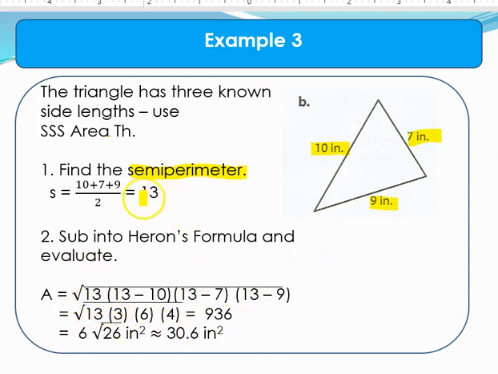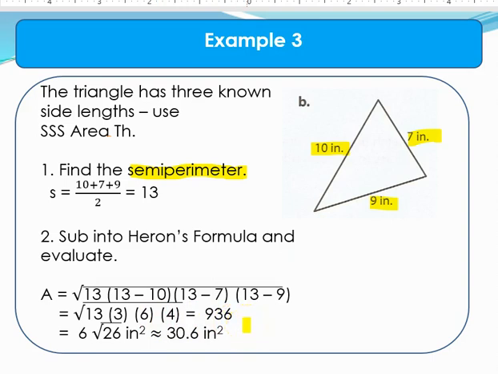So the 13 from the semi-perimeter, and you can see that it's inside all of the parentheses also, and then each side length, subtract each side length. So we subtract 10 and 7 and 9. We end up with the square root of 13 times 3 times 6 times 4, which equals 936.